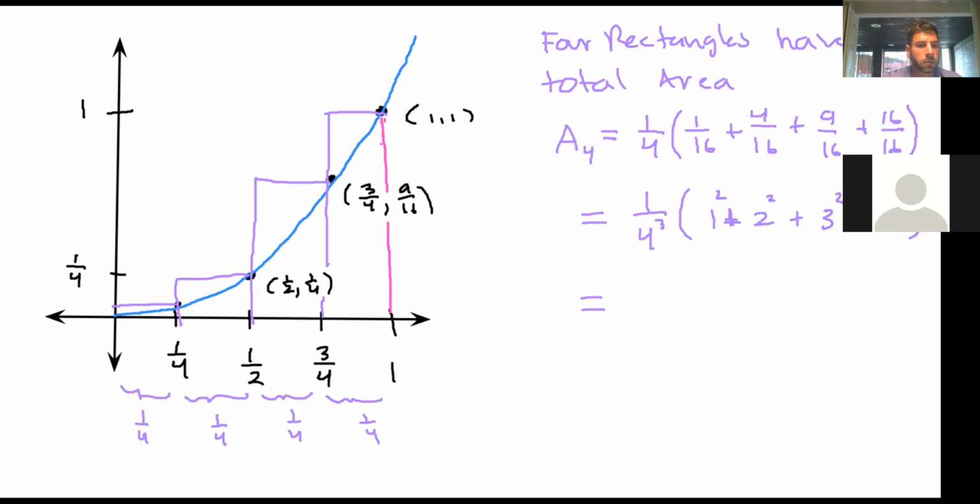What you end up getting is 15 divided by 32, which you can write in decimal form as 0.46875.